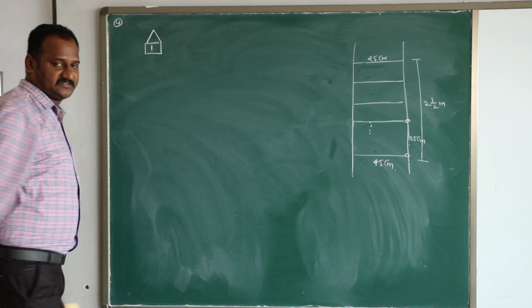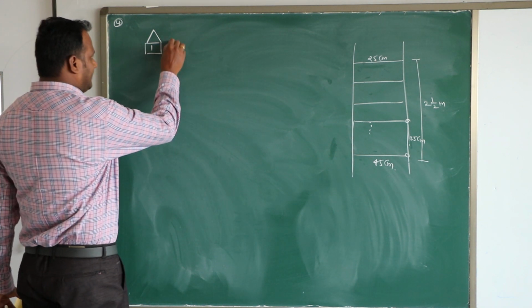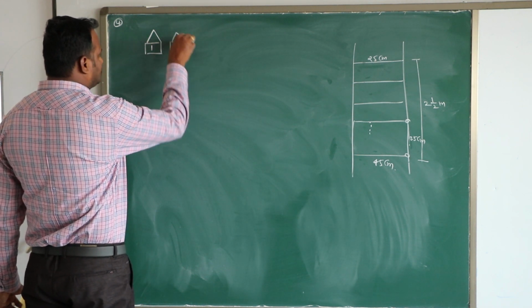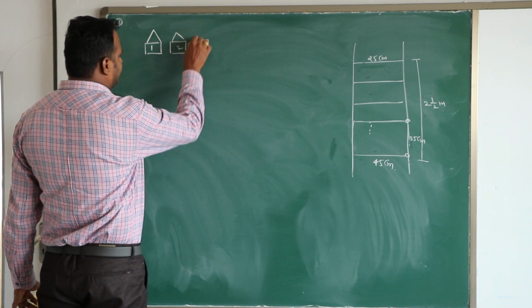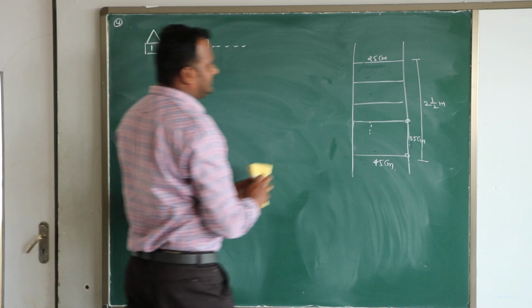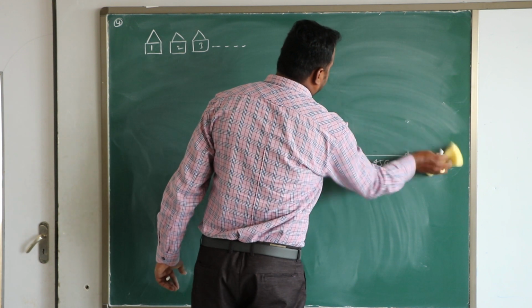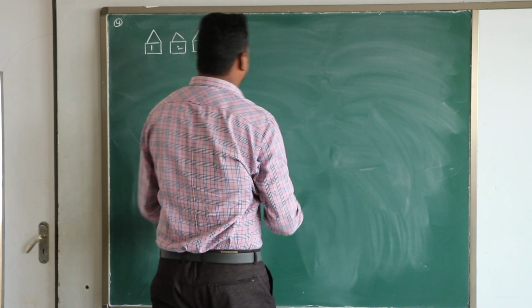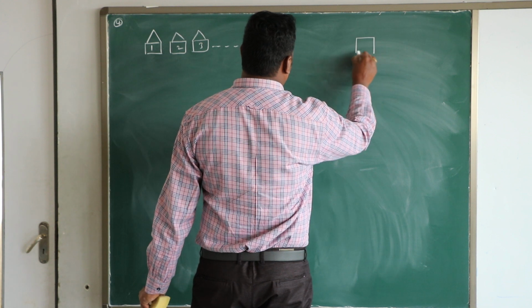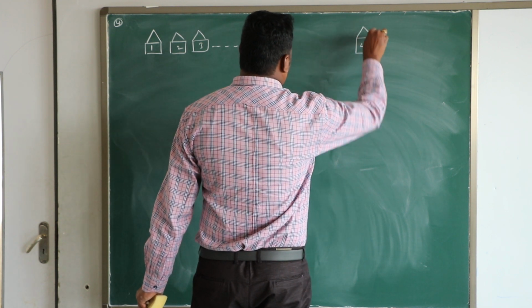For example, this is house 1 and then this is house 2 and this is house 3 and so on. There is a last house, that is which house? Number 49.